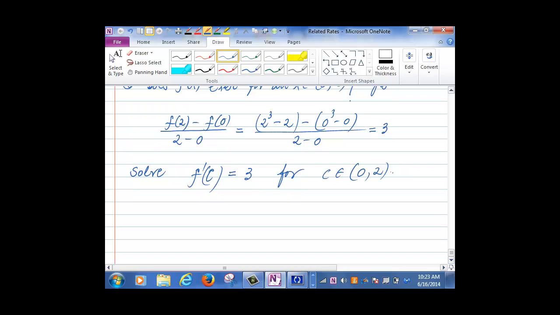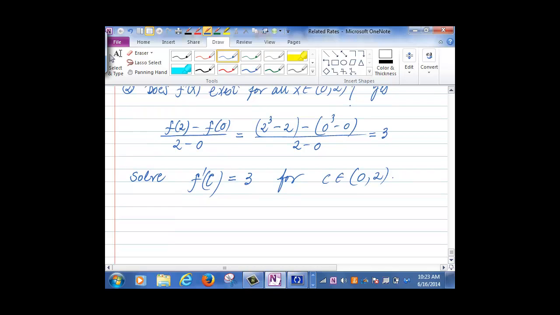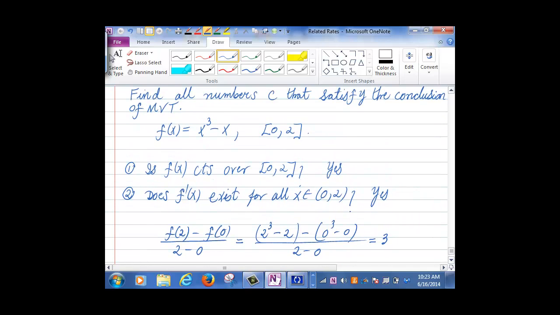How do I find values of c? Well, can we find the derivative at c? What is f of x? f of x is x cubed minus x, right? So what is f prime of x? 3x squared minus 1.